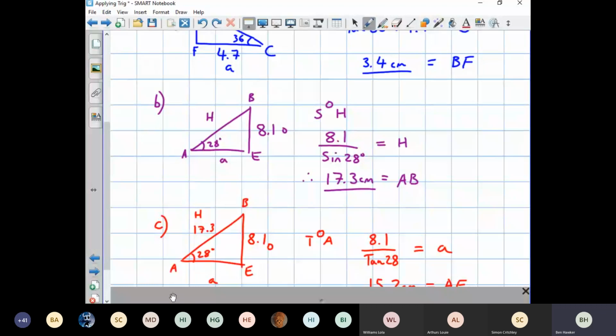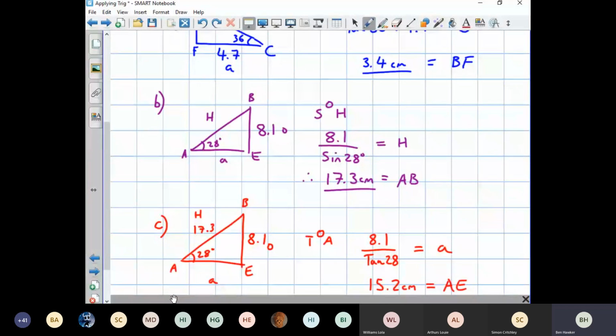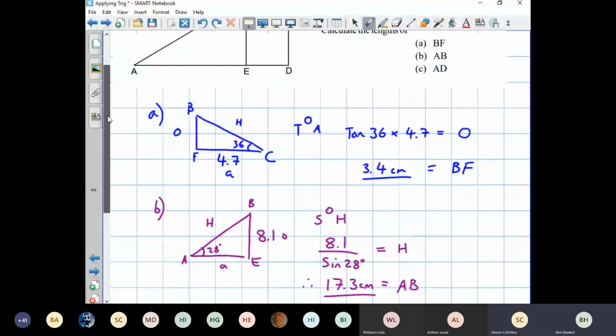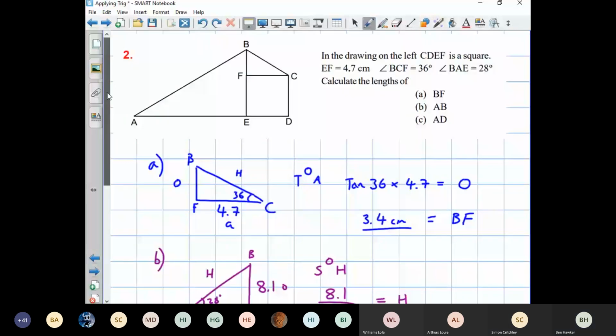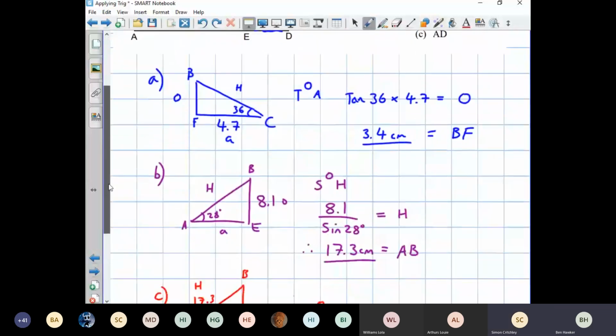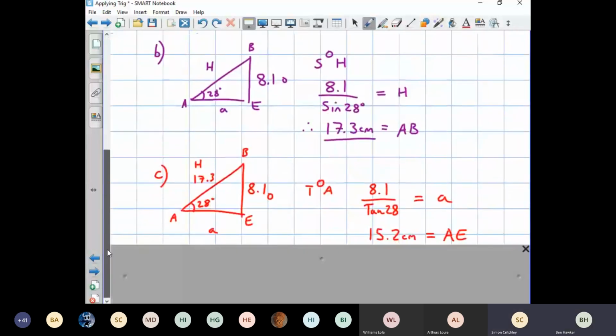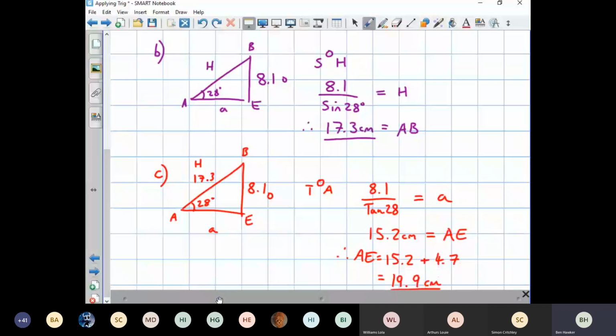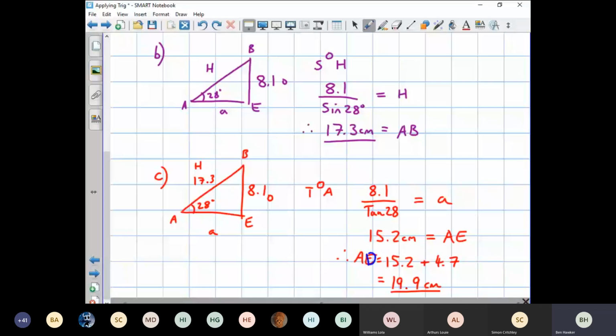I want to find the adjacent. I've got the opposite and the angle, so I'm using tan. 8.1 divided by tan of 28 gives me 15.2. However, that is AE, and in order to get AD, I need AE, but I also need ED. I know that's 4.7 because it's a square. Therefore, AD, that should say D, is equal to 19.9.